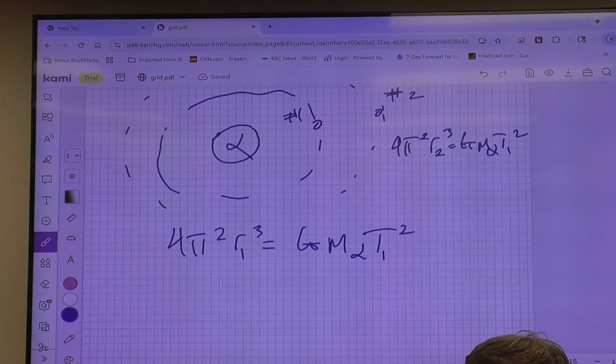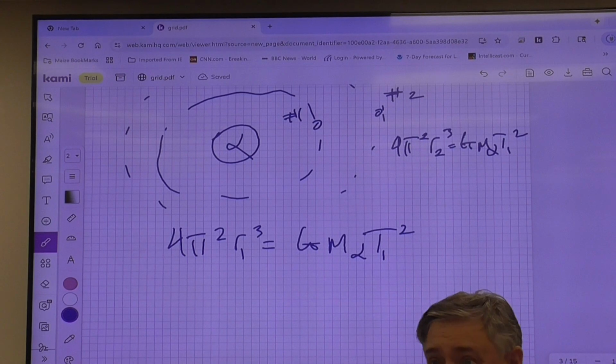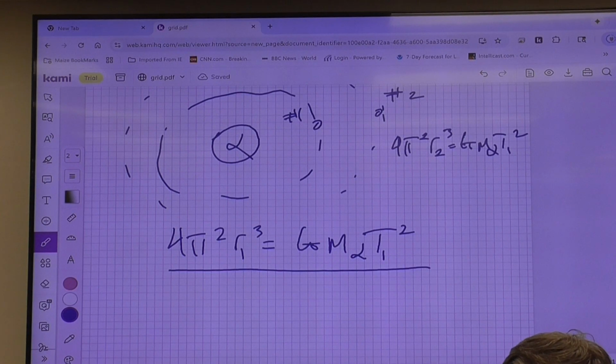Now, for the second planet, 4 pi squared r2 cubed equals big G mass of alpha over T2 squared. Because we want this as a ratio, like 4 to 5 or 3 to 8, I'm going to take what's happening with planet 1 and divide that by what's happening with the second one.